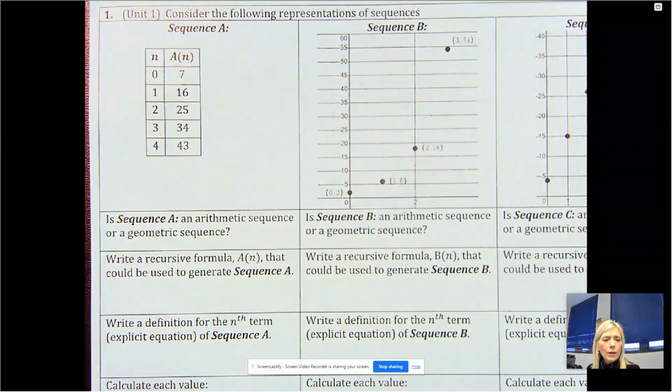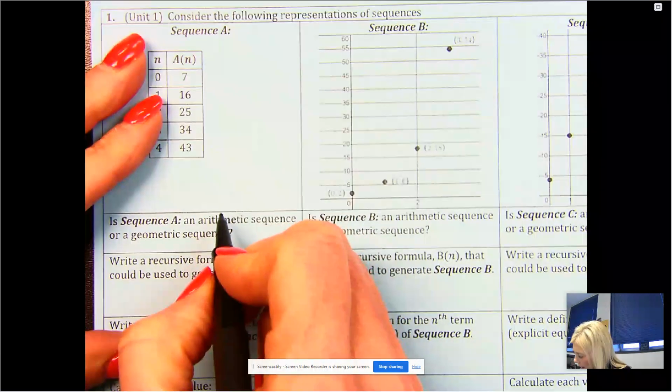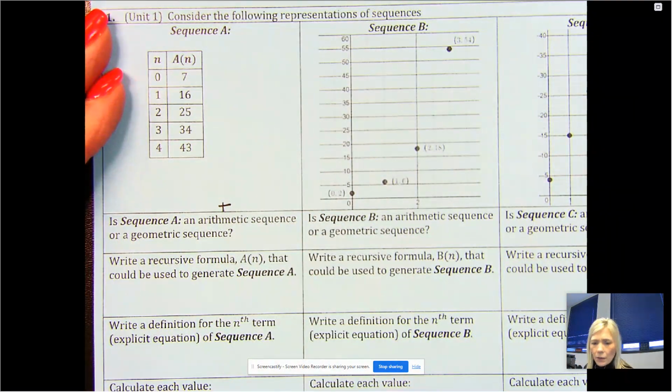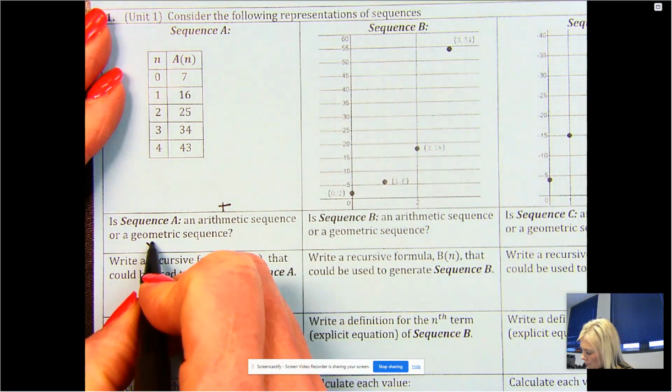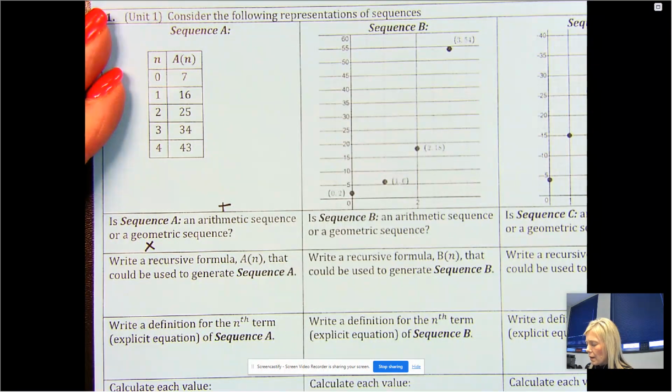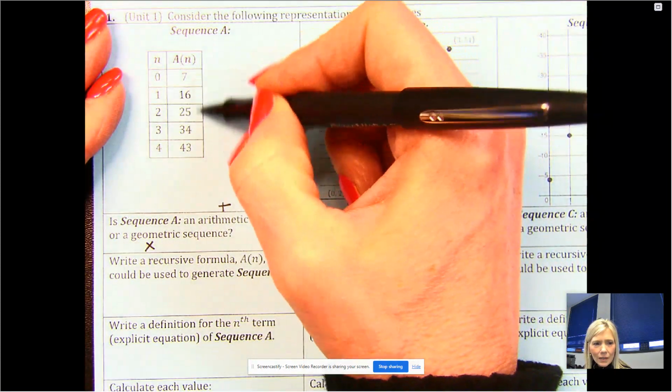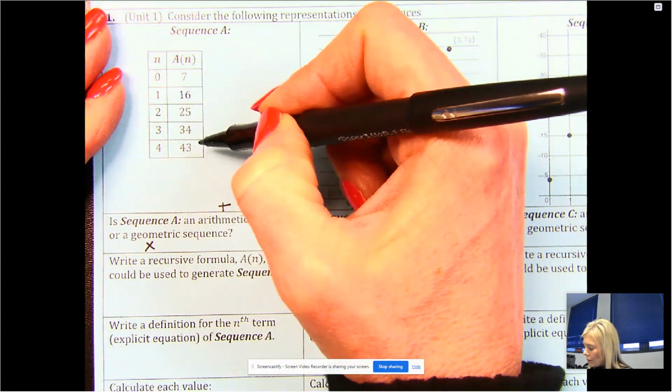The first thing is to determine, is it arithmetic, meaning it adds the same number from step to step, or is it geometric, meaning it multiplies by the same number from step to step? So the first thing I'm going to do is figure out, is this adding or multiplying?